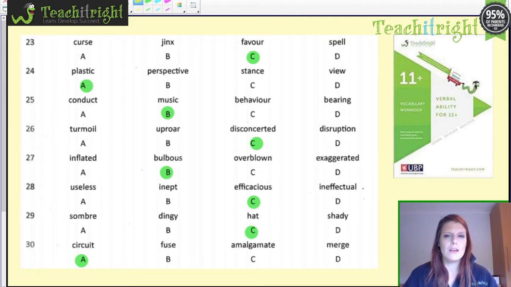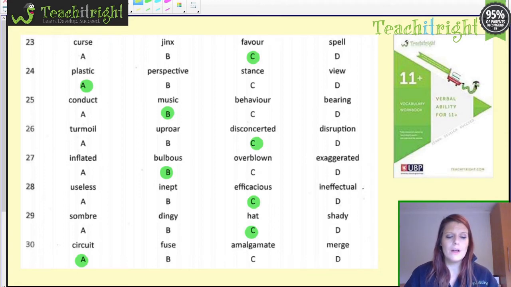And 23, the others mean types of magic spell. 24, the others are all ways of looking at things. You might have a particular stance on something, for example.